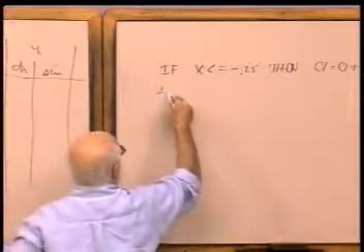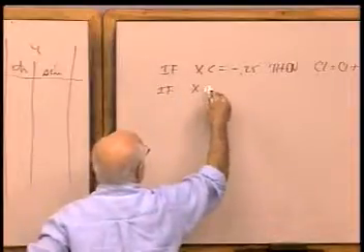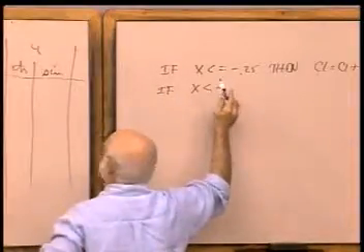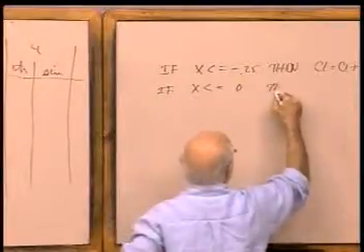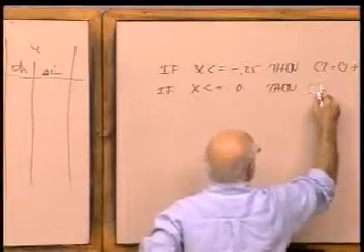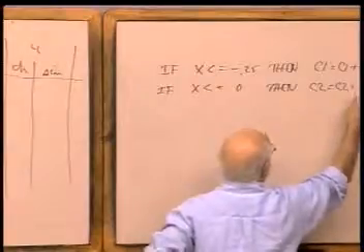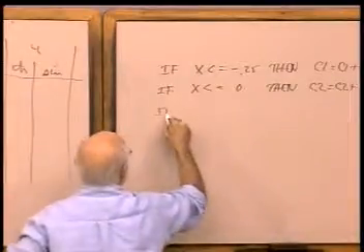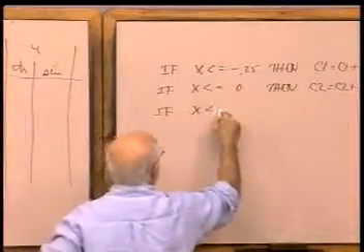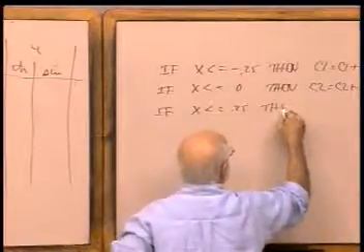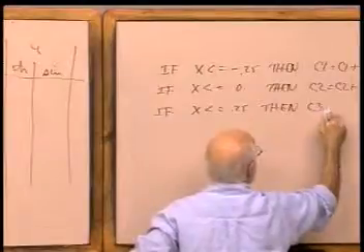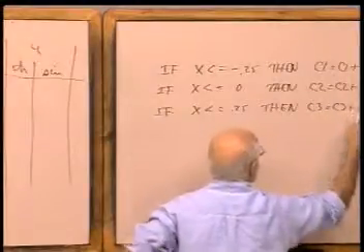And then a statement, if x is less than or equal to 0, then C2 is equal to C2 plus 1. If x is less than or equal to 0.25, then C3 is equal to C3 plus 1.